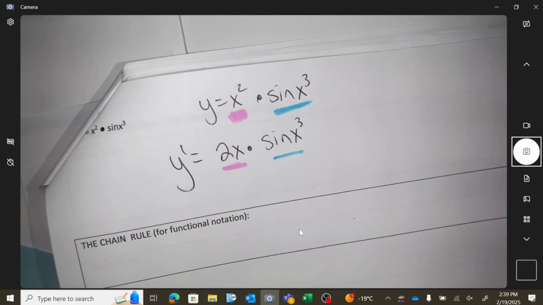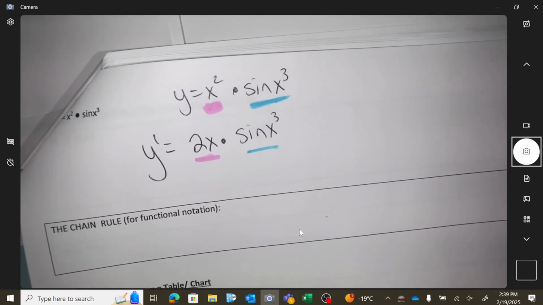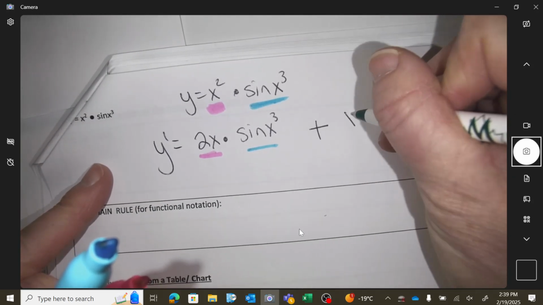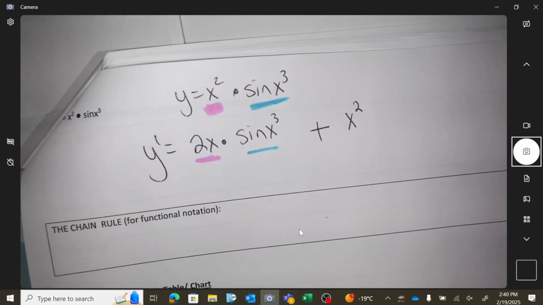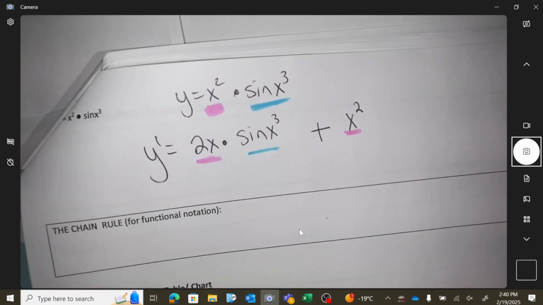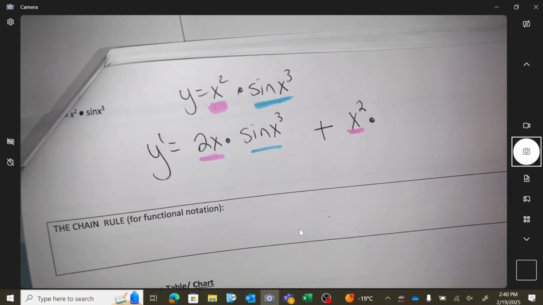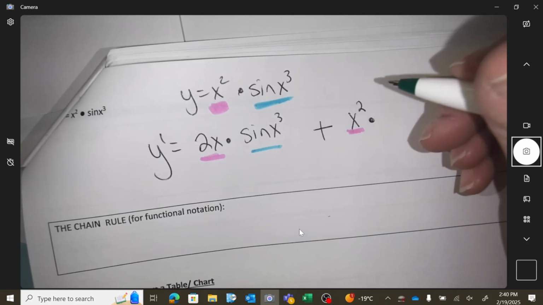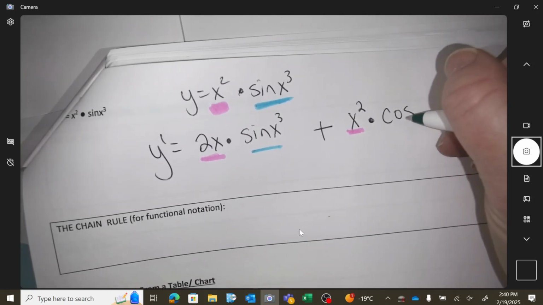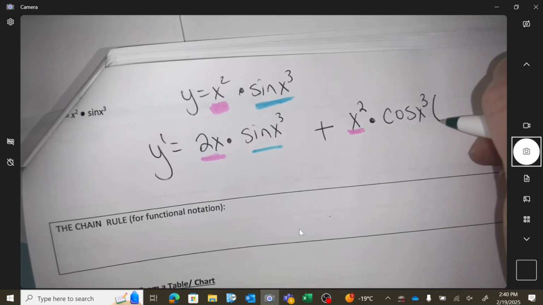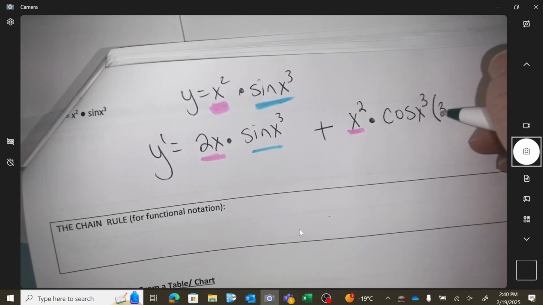Derive times keep. Good. Plus keep times derive. So deriving the sine is cos x cubed, attach 3x squared.